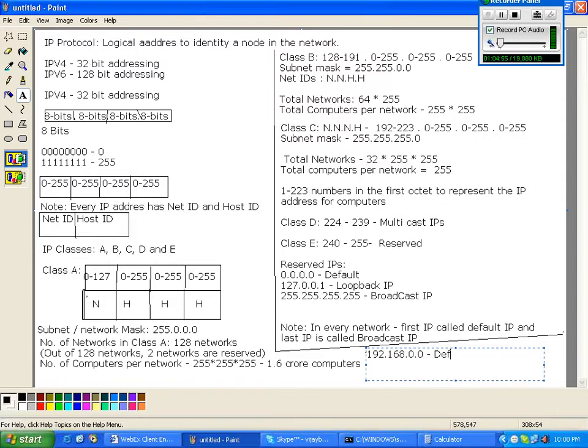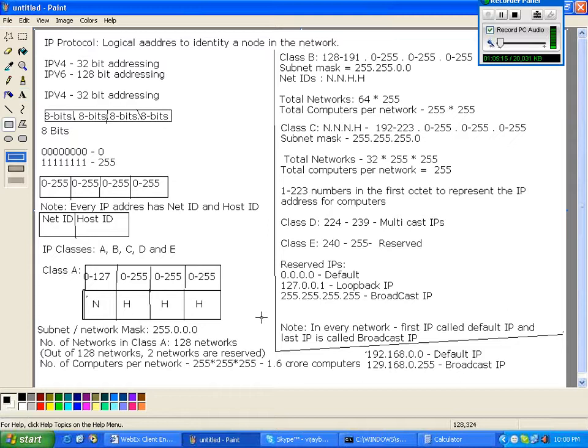The first computer number is 0, the default IP. 192.168.0.255 is the last IP, the broadcast IP. So in every network, the first IP is called the default IP and the last IP is called the broadcast IP.